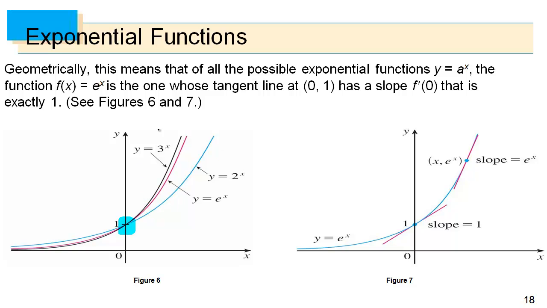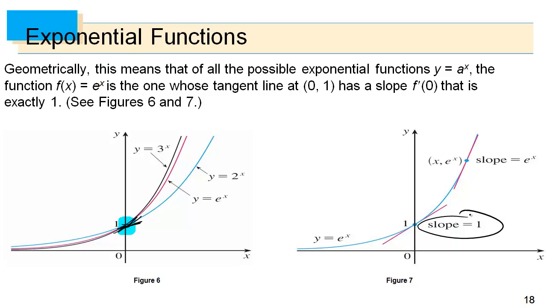And you can see that they're going to be different, right? The blue one is going to have a shallower slope, and then the red one gets a little steeper, and then the black one gets a little steeper, and so on and so forth. Well, the blue one has that perfect 45-degree angle slope, which is a slope of 1.